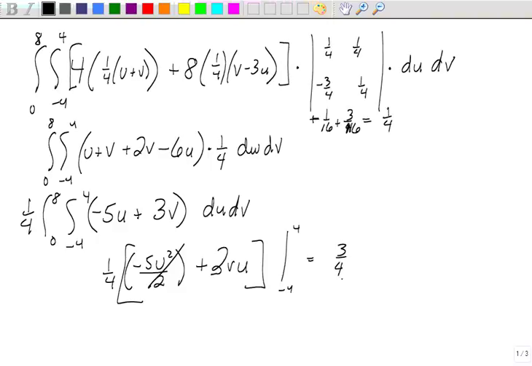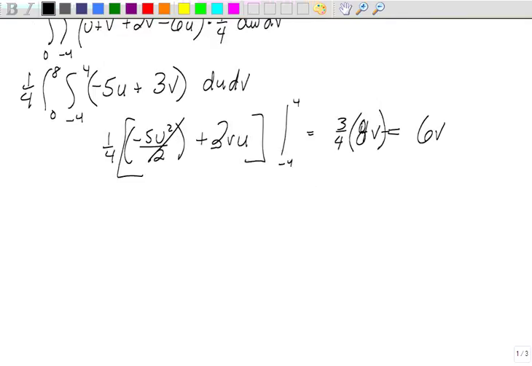Now I'm substituting for u, so that's going to be 4v minus a minus 4v, so that's going to be 8v, and that's going to equal 6v.